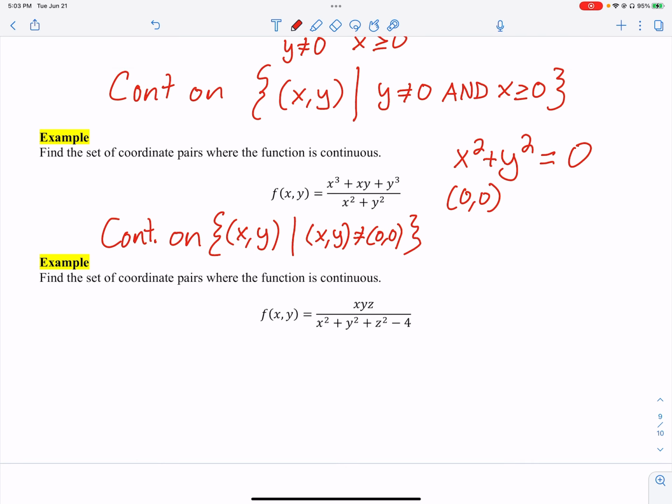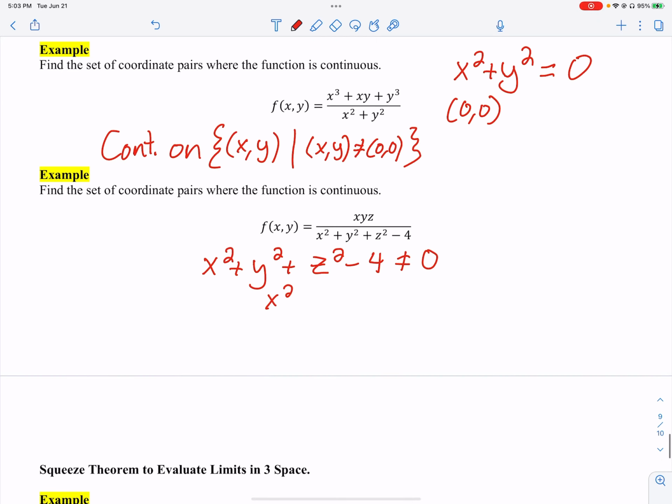Okay, it says find the set of coordinate pairs where the function is continuous. Okay, so let's take our denominator. This x squared plus y squared plus z squared minus 4 must be greater than 0. It can't even be 0 here. Actually, it can be less than 0. It just can't be 0. Hope you followed that. I almost wanted to put a greater than or less than, but it just can't be 0.